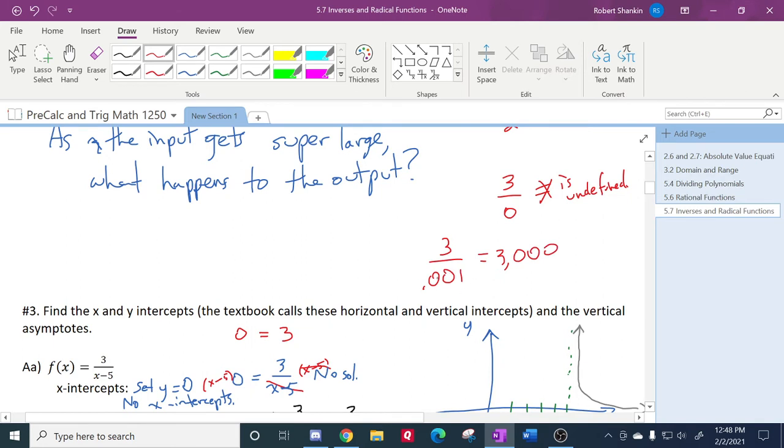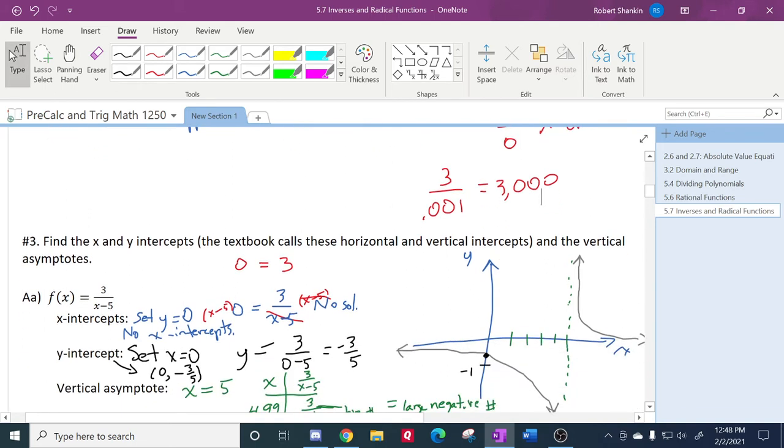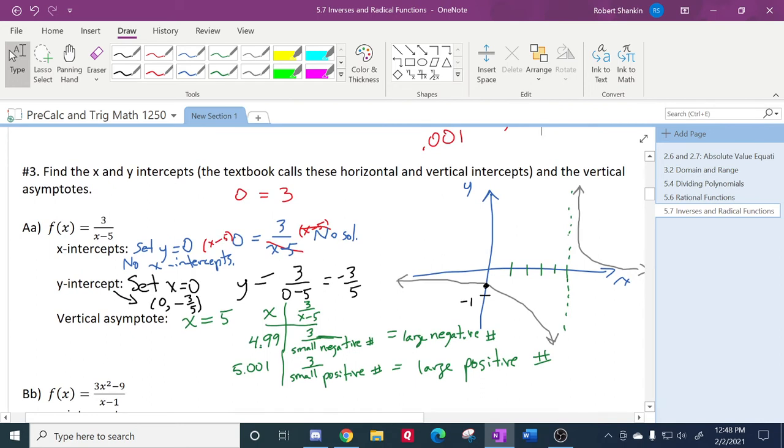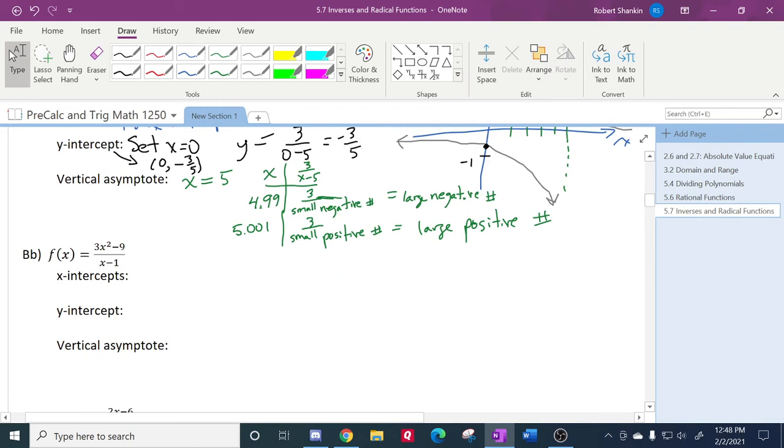The smaller this number gets, the bigger the fraction gets. And you get these really small values when x is just barely bigger than 5. And if x is barely smaller than 5, you'd have something like 4.99 minus 5, which is a small negative number. All right, let's go to the next one.